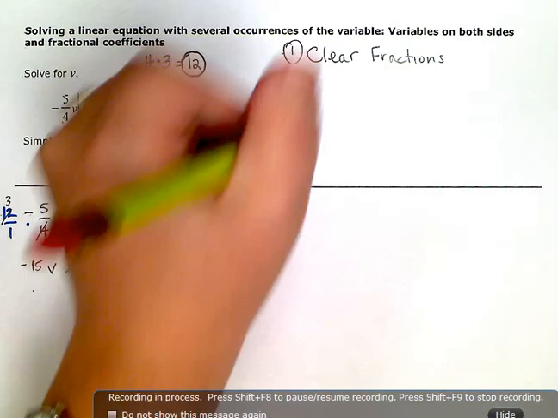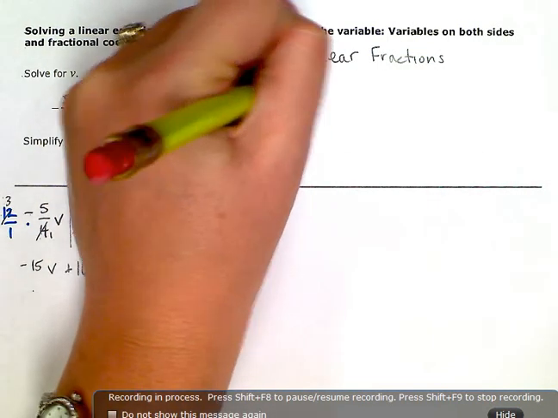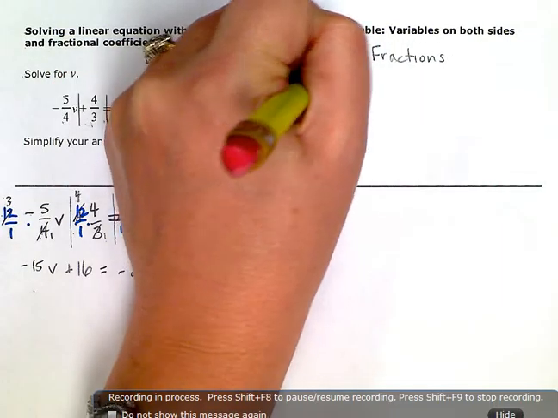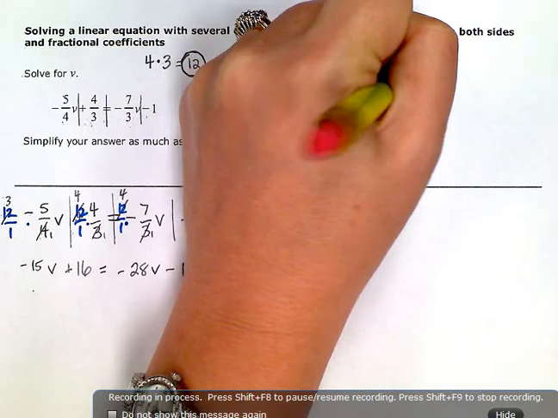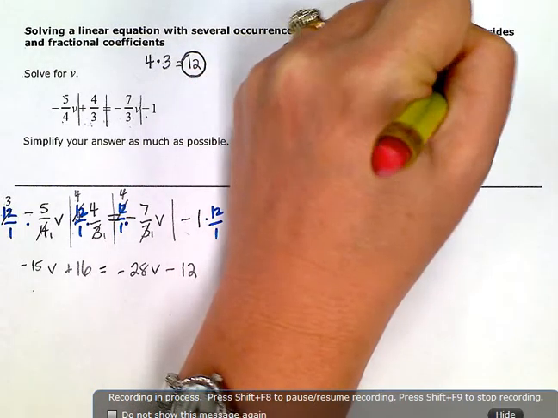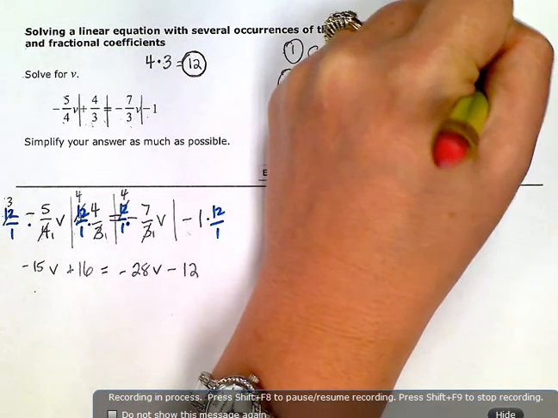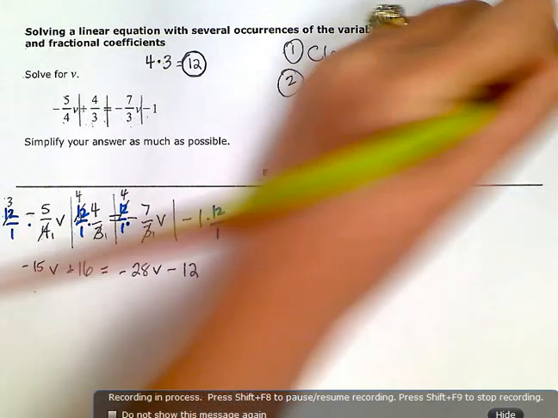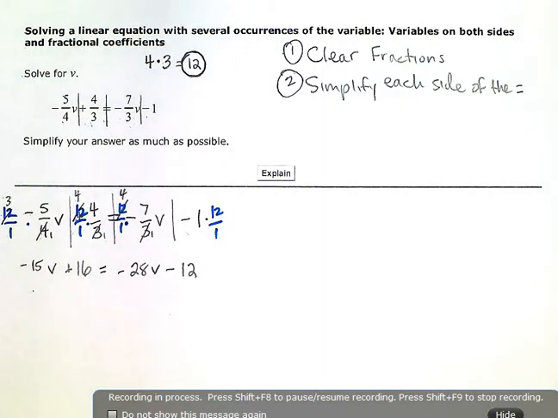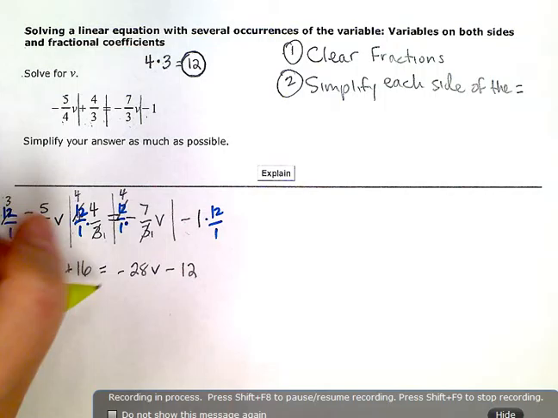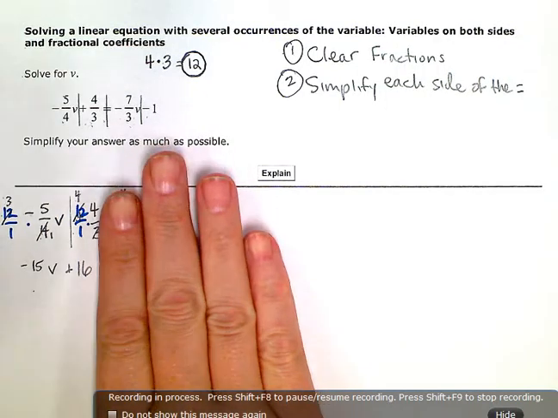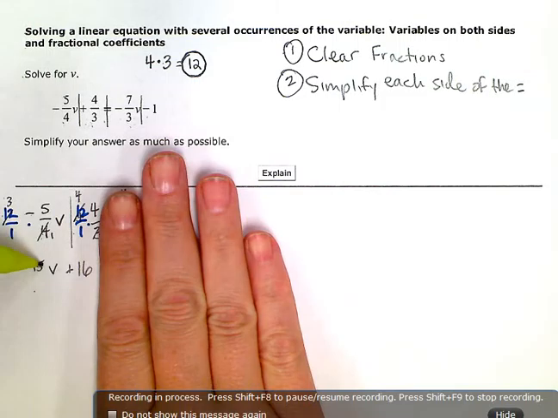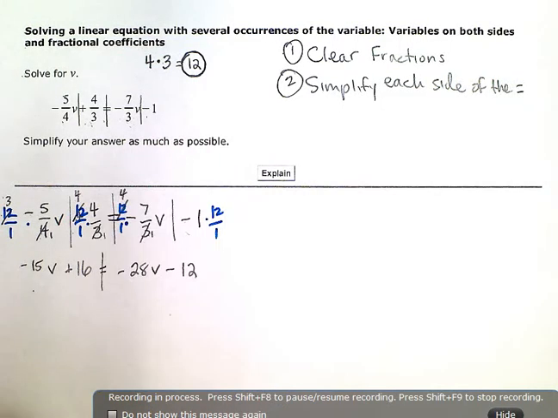So after you clear the fractions, the second thing you want to do is simplify each side of the equals separately. So I'm going to look at the right side and left side and see if I can do anything to simplify things before I start solving. So over here I have a v term and a constant term. They're not like terms. I can't combine them. Nothing to simplify there.